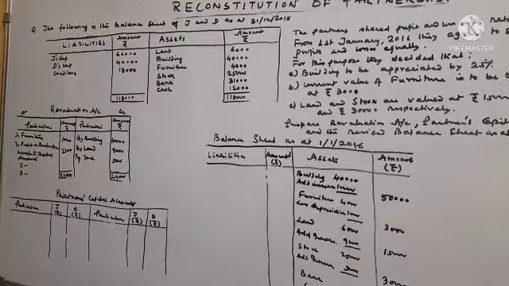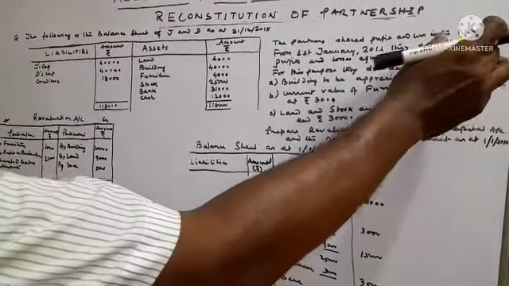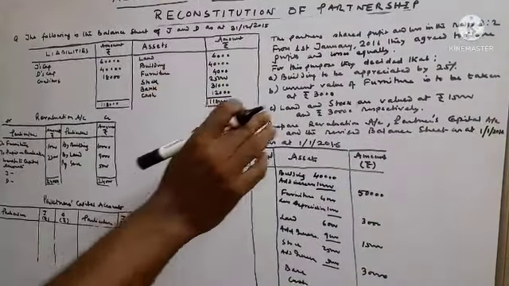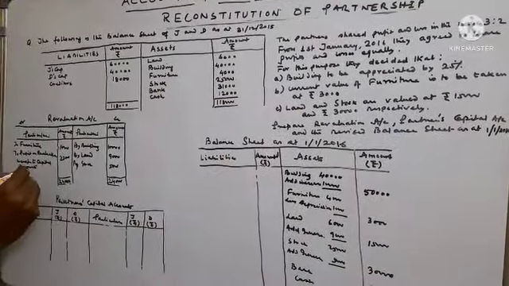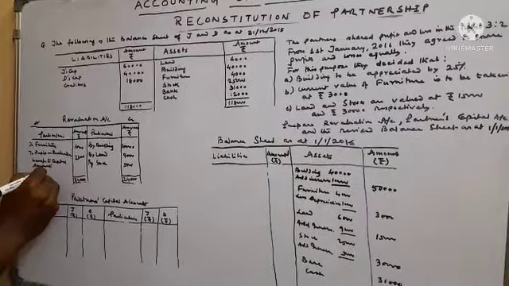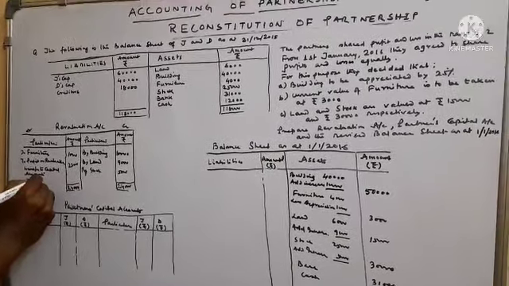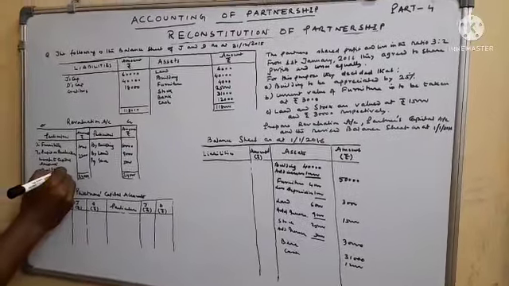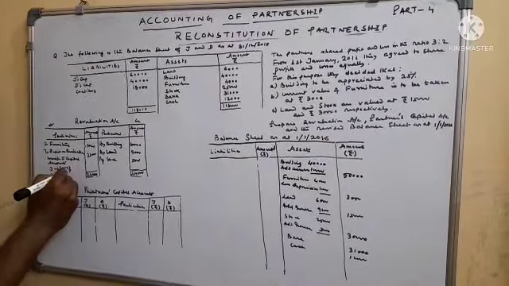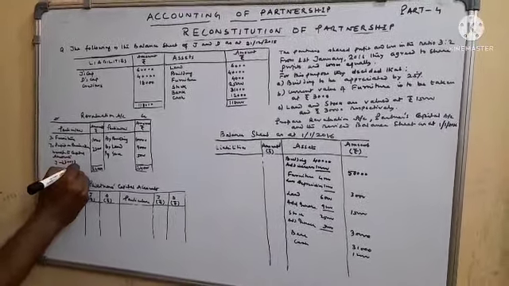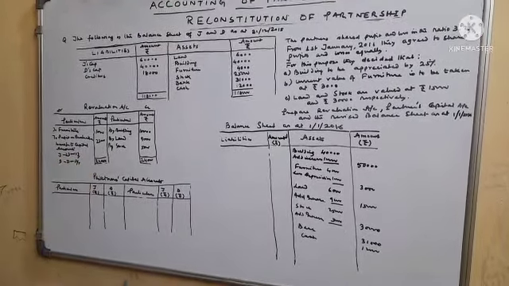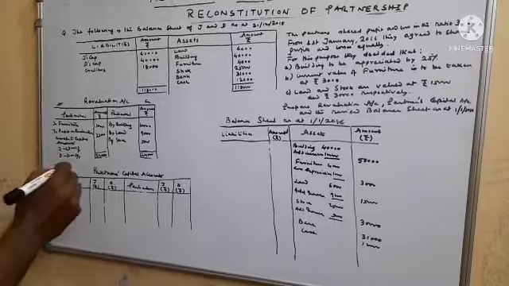In what ratio it will be distributed? Profit on revaluation will be distributed in old ratio. Previously it was told. So 23,000 into 3 by 5, 23,000 into 2 by 5.